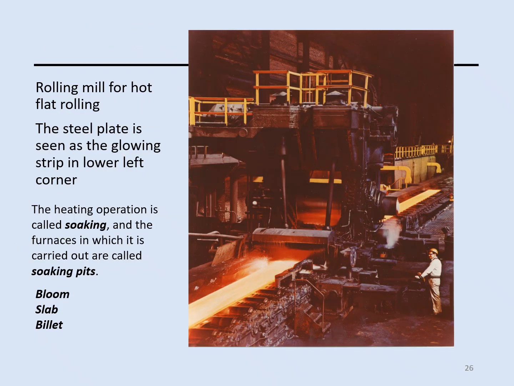This picture shows the rolling mills. As you see here, the glowing strip in the lower left corner, it's a steel plate and it's going this way. There are several rolls there, so it can reduce the thickness of the part in one step.